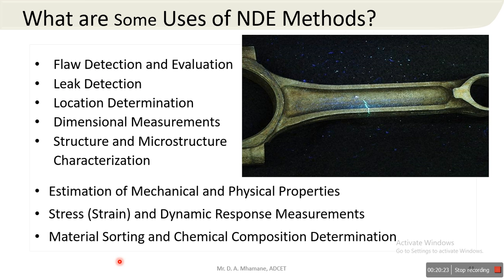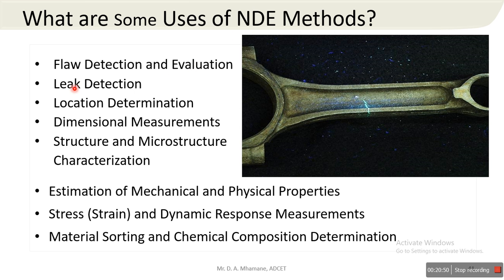These are some uses of NDT methods. Flaw detection and evaluation, leak detection. So whether there is a crack or a porosity in the material, the evaluation of that particular crack or porosity can be done with the help of NDT methods.